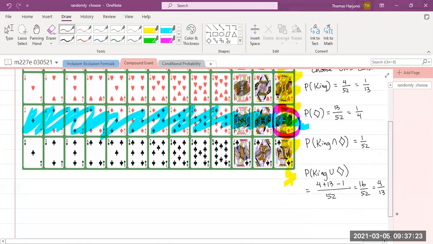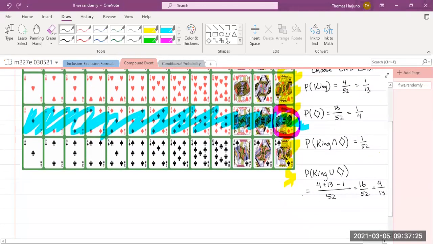Now, if you remember, this is basically the probability of getting a king plus the probability of getting a diamond minus the probability of the intersection. That's what we actually did, without applying the formula, but applying the concept.